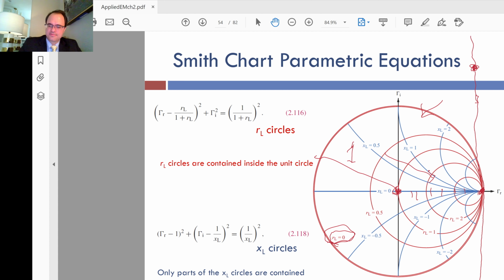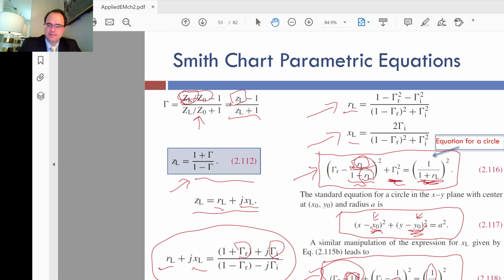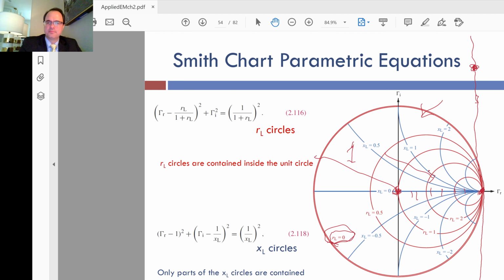And the radius is very large for small XL values. So my circle for small but positive XL is way up along this line and has a large radius. And if we go to the extreme of XL being equal to 0, then my radius goes to infinity, and this point goes all the way up to infinity.